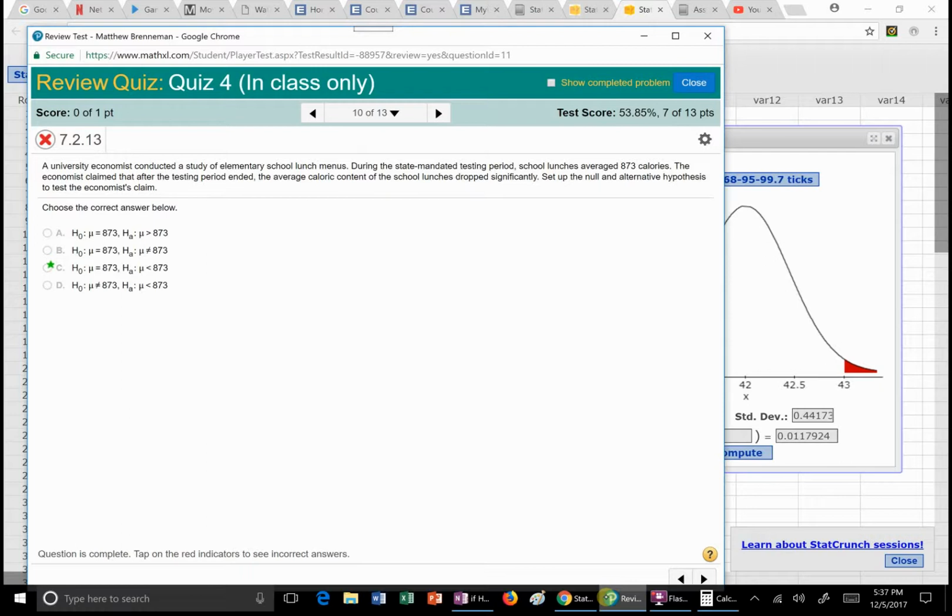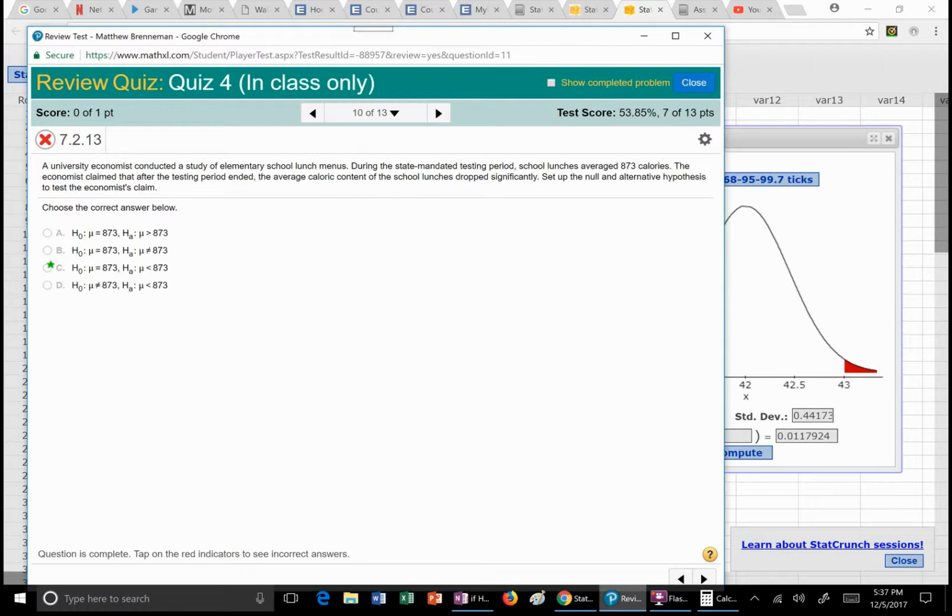The null is always going to have the equal sign. So the only two that have the mu less than 873 are C and D, and the null is always equality. So it has to be C, okay? The null is technically greater than or equal to, but if I can show equal to, I show greater than or equal to. So I don't have to have both of those.